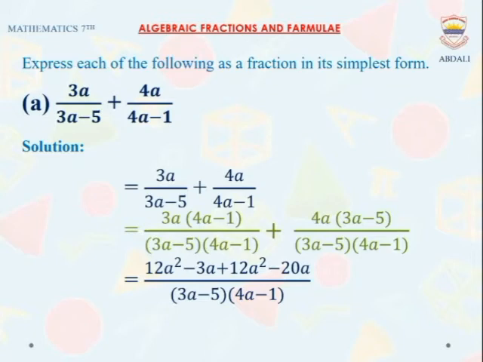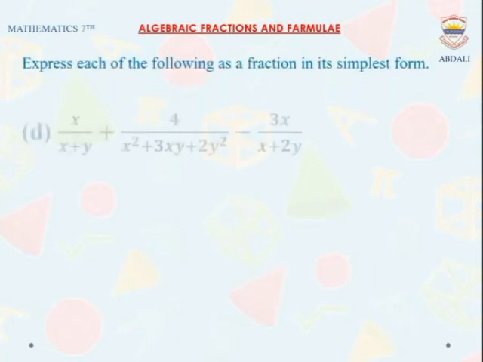Okay, so now there is a need to simplify. We have to add like terms: 12a square and 12a square will be added, and minus 3a minus 20a will be added. So the answer becomes 24a square minus 23a by 3a minus 5 times 4a minus 1. It cannot be simplified more, so it is your answer.